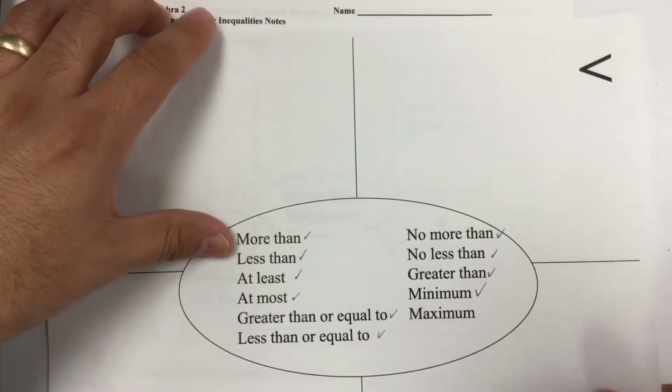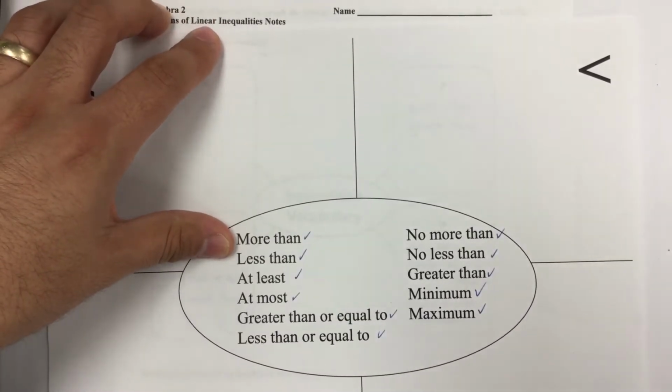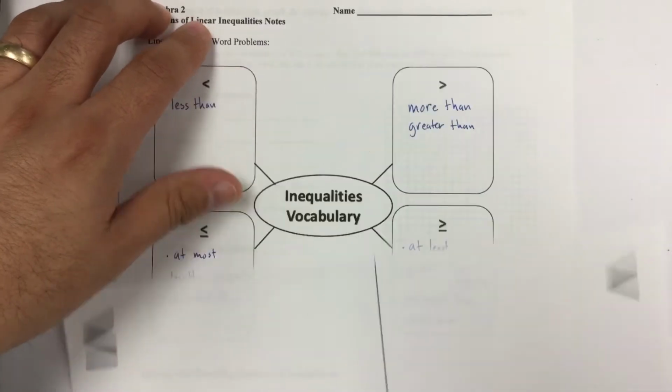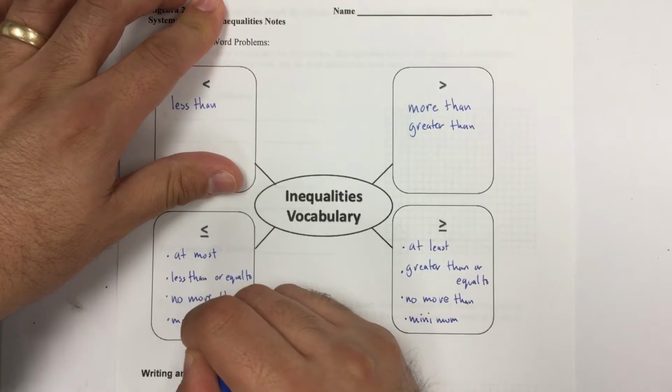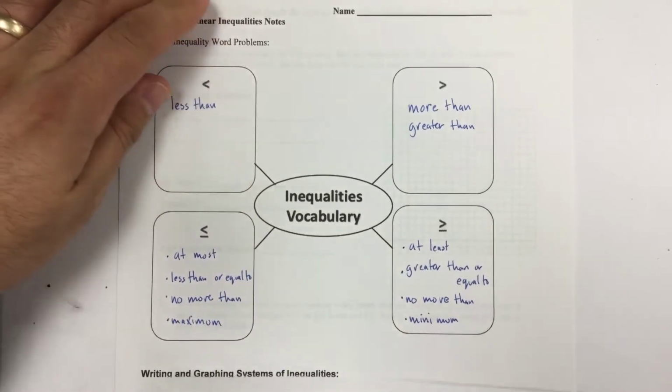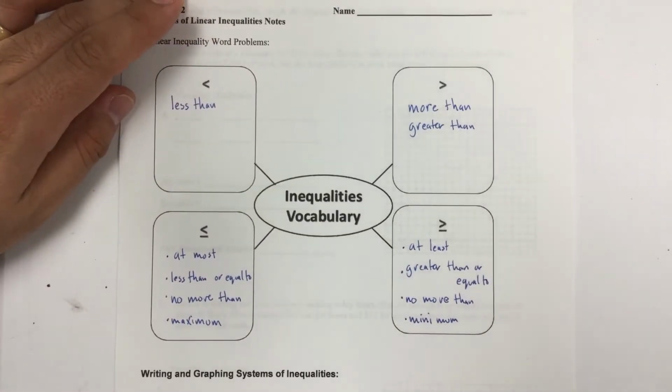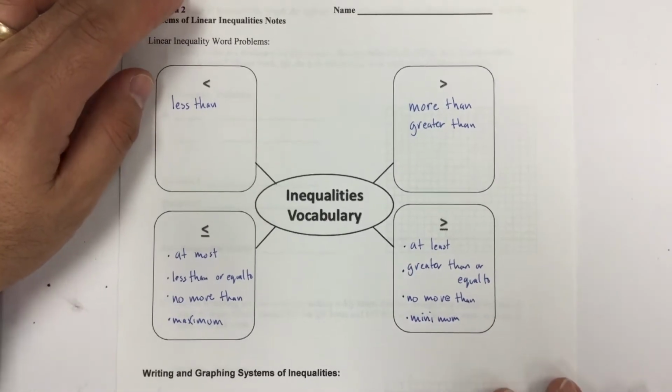And last we have maximum. Maximum is going to be less than or equal to, because it's like in a class, the highest grade you can get is 100. You can't get over that, but you can get less than that. So that's less than or equal to. So that's just a list of words that definitely helps us with working out word problems.